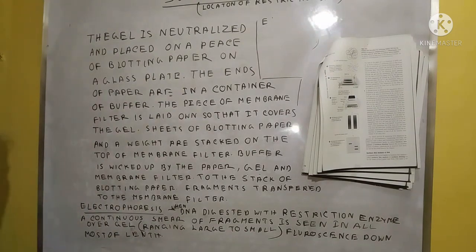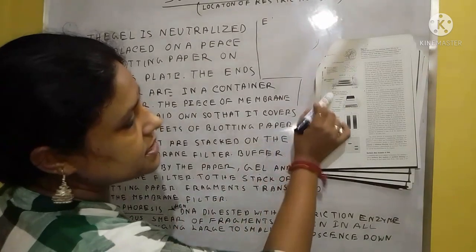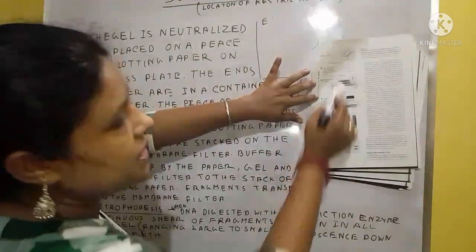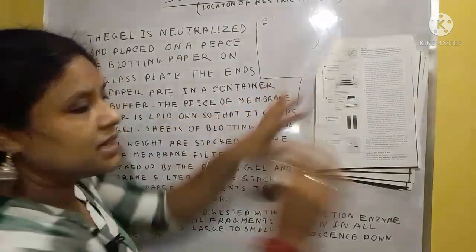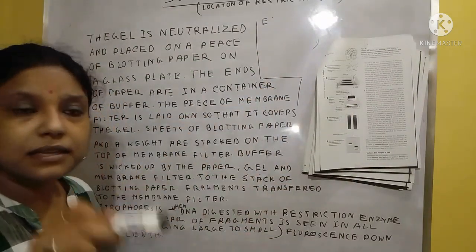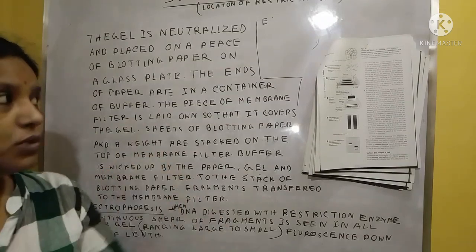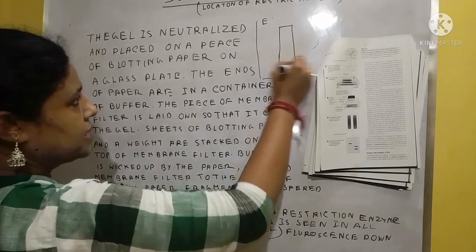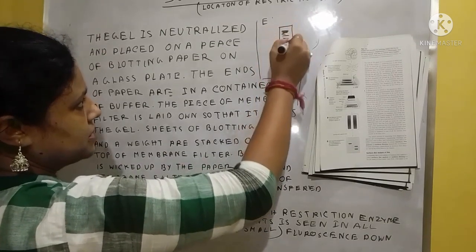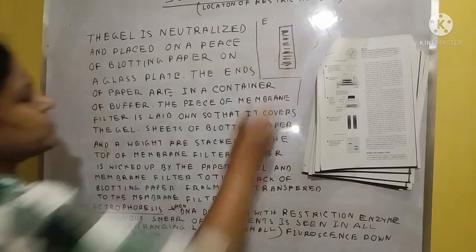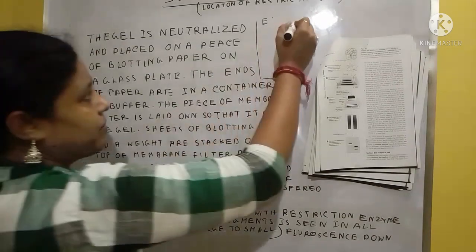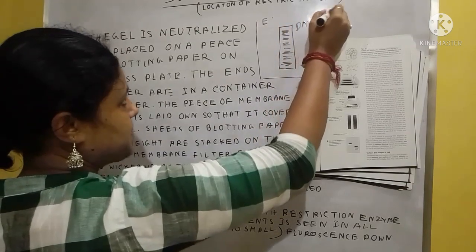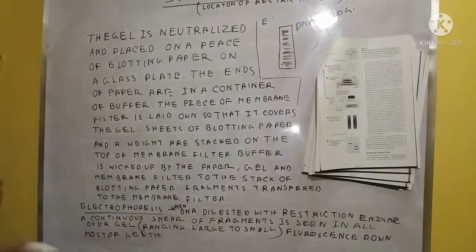What happens? A smear of fragments is seen all over the gel. This is the gel, and the gel contains a smear all over it. This is a smear of the DNA fragments, all the DNA fragments ranging from large to small.